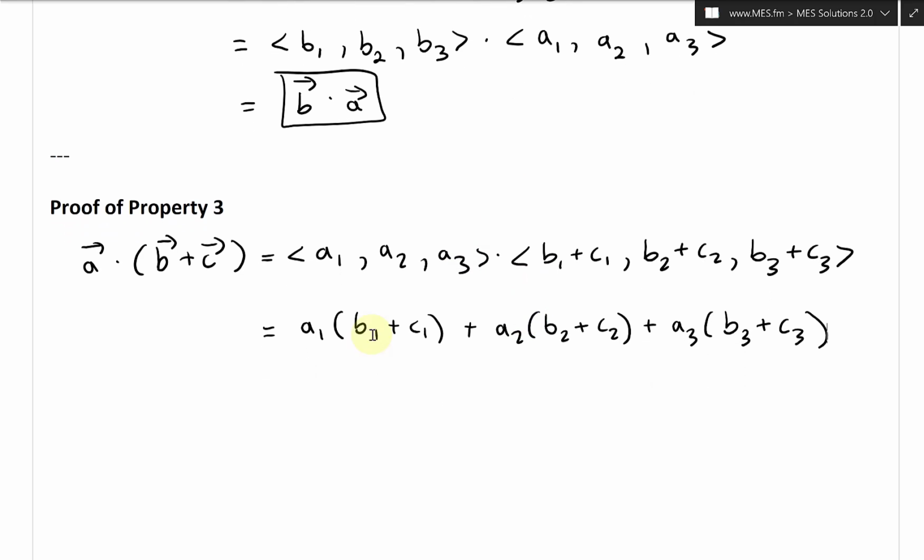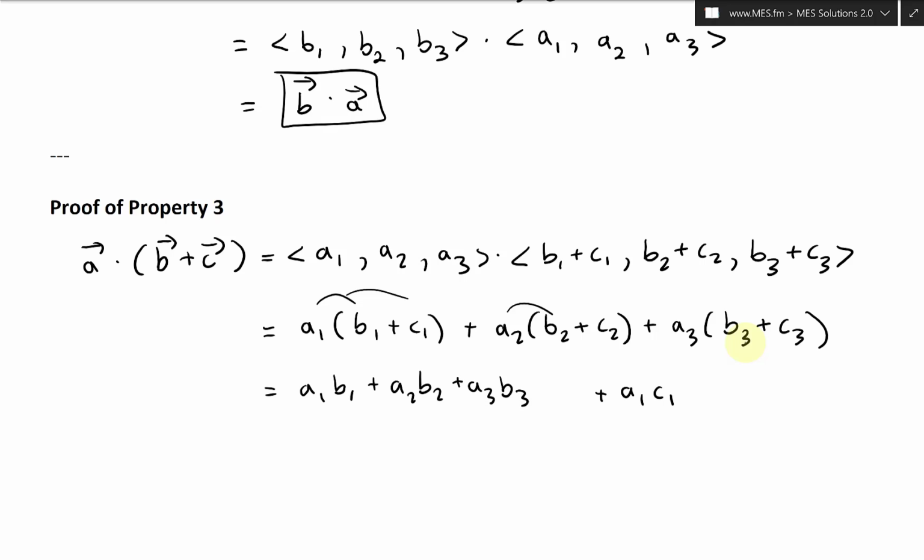Now what we can do is multiply this inside each one, just regular multiplication. We basically used the definition of the dot product to get to the real numbers setup, and now we can apply the regular product rules. So I'll write A1 times B1 here, and the A1 times C1 over here, then A2 B2 and A2 C2, then A3 B3 and A3 C3.